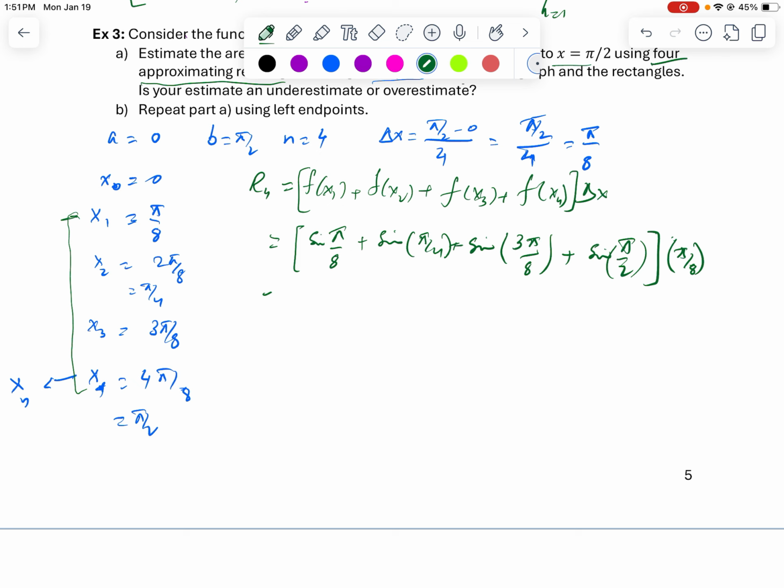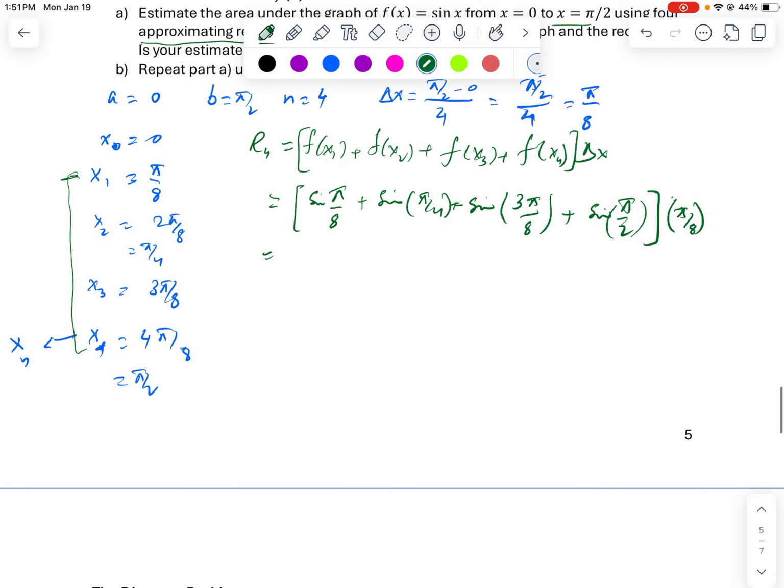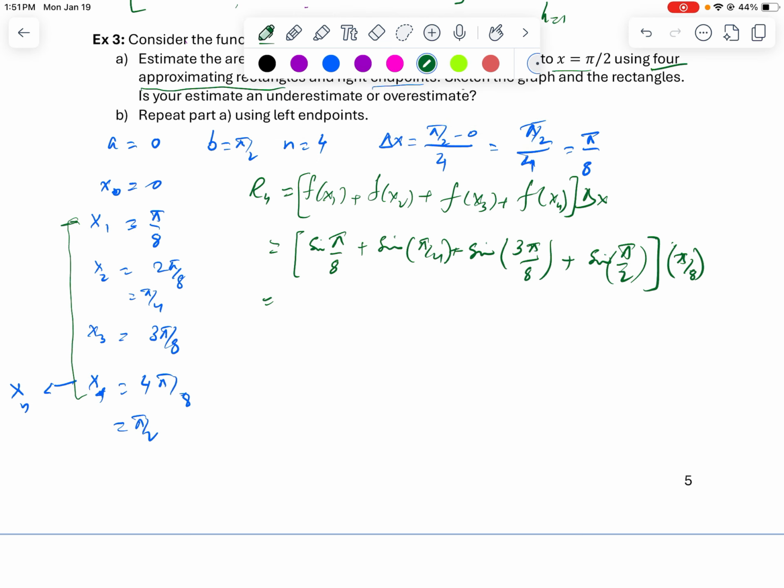Now, a very important thing here, when you are doing problems of this type, you must make sure that your calculator is in radian mode, not in degree mode. Okay? So now take your calculator and write down these values. Sine of pi over 8 is going to be 0.3827, plus sine of pi over 4 is 0.7071.